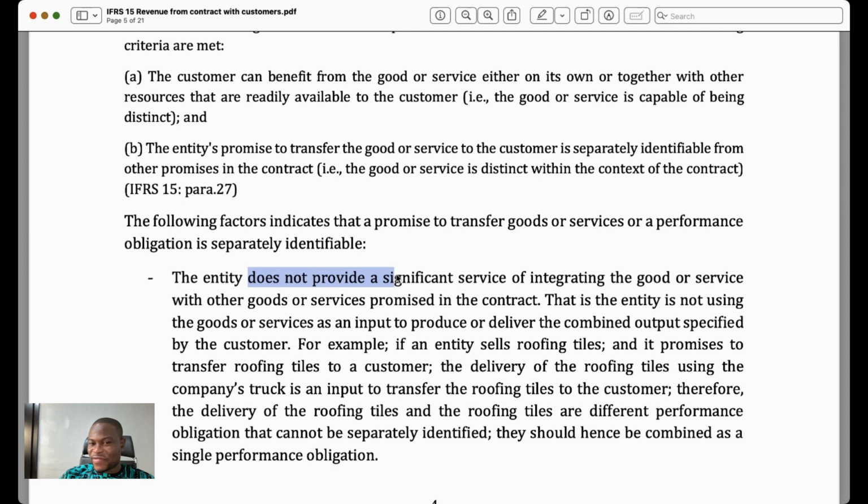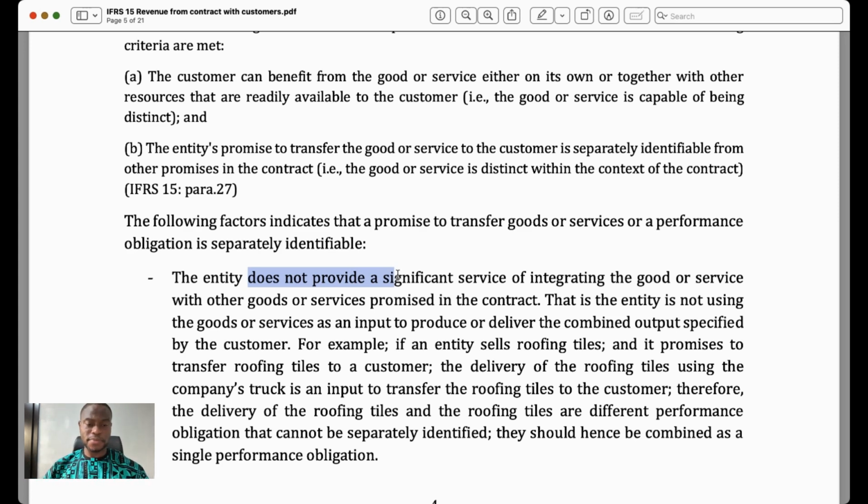So you cannot see delivery as a distinct or separately identifiable service, because you have promised the customer that you will deliver. So the delivery is an input to you selling the roofing tiles. So it is not separately identifiable. Separately identifiable means it is not an input to deliver a combined output.